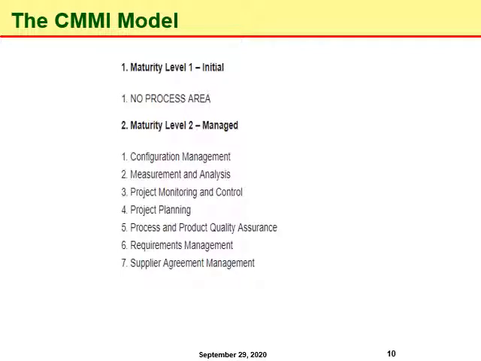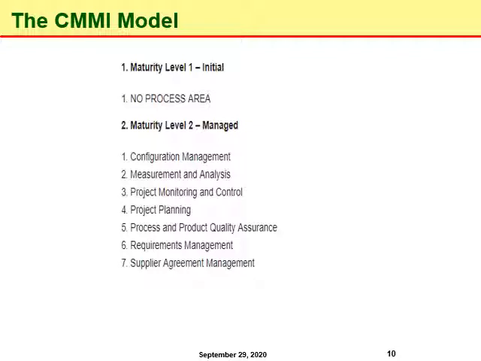Here we see the level-wise assignment of different key process areas in CMMI. At maturity level 1, which is initial level, we see that there are no process areas. So it means that at this level, as I mentioned before, there are no processes defined.